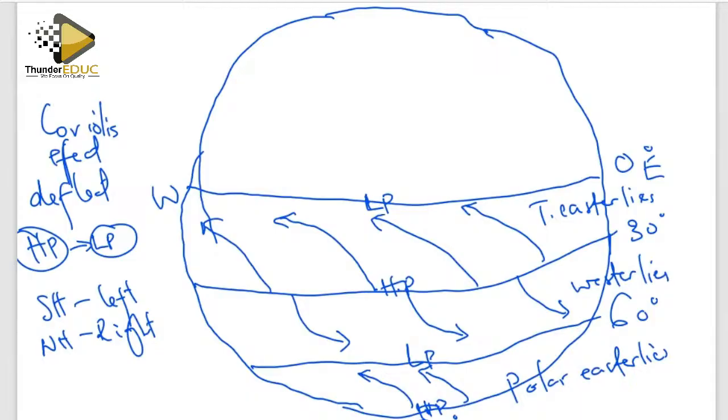Right. So we know well that our mid-latitude cyclones start around the polar front, which is somewhere here. The mid-latitude cyclone forms as a result of the meeting of the polar easterlies and the westerly winds. However, they dominate around this area here.